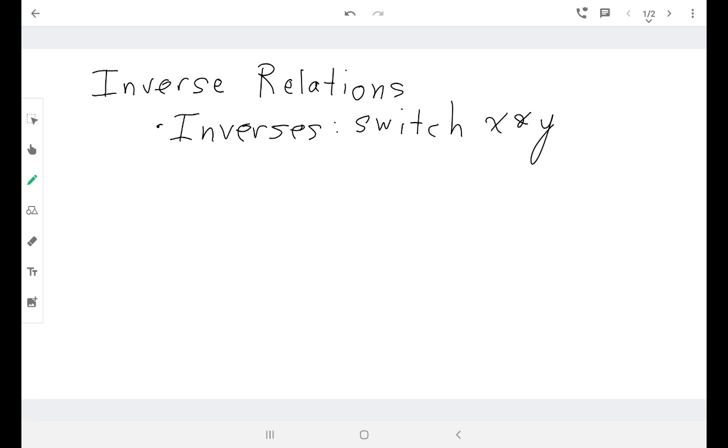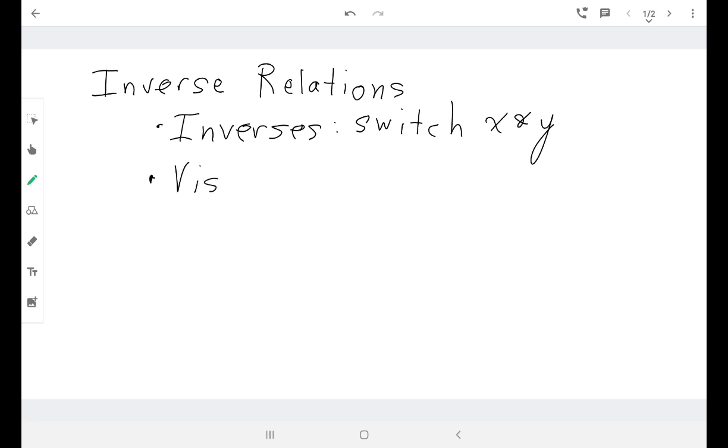If you need to find the inverse for an equation, you switch every x becomes a y, every y becomes an x, and you solve it again for y. So that's inverses, and that's what they mean.